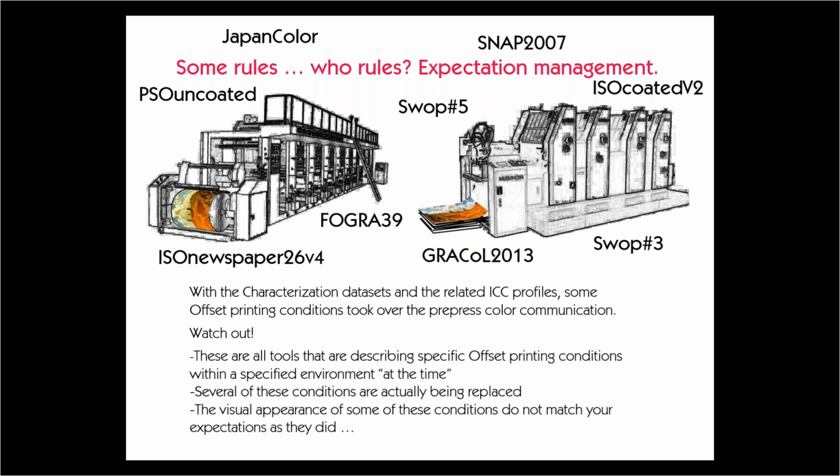So depending on the area, one or the other profile had and still has to serve for all CMYK data communication. You may all know this. I recognize it especially in the digital printing world, that FOGRA 39 is used as a kind of exchange color space. So data is prepared for FOGRA 39.